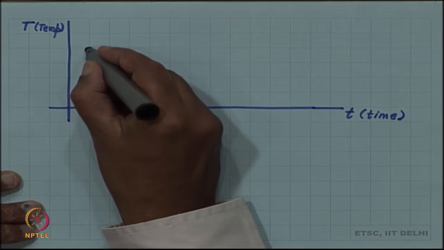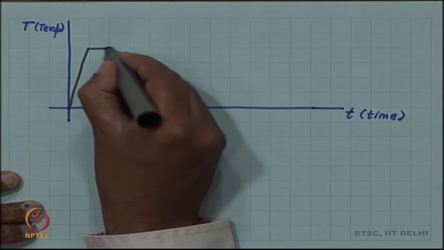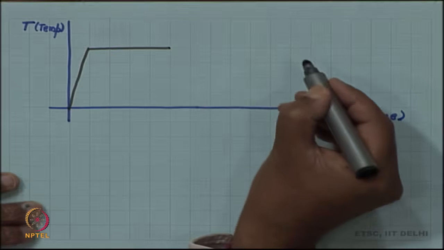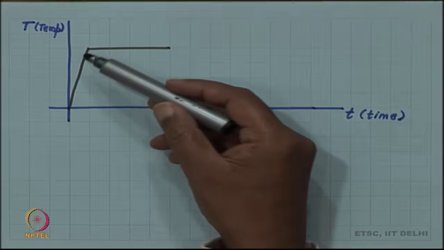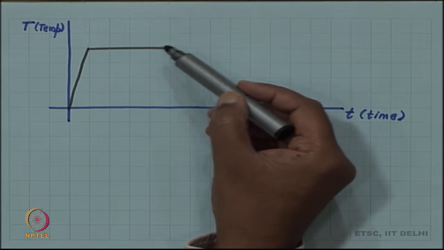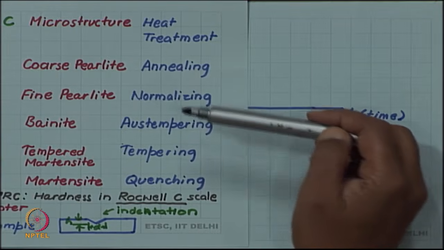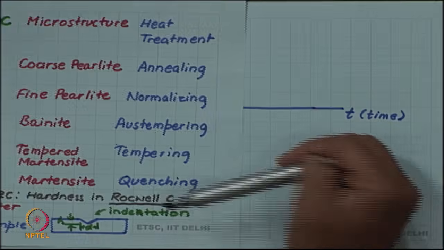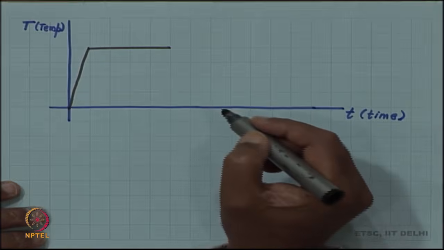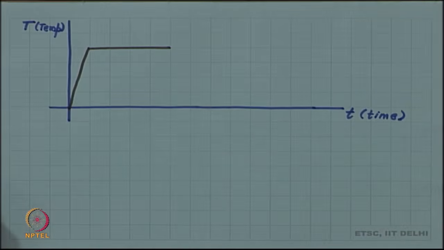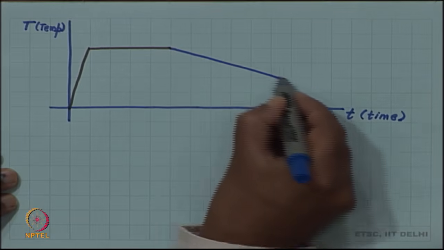So, let us initially take steel heated to some temperature and then cooled. So, for steel the heating and the holding is the same for all these different treatments which we named here, annealing, normalizing, tempering, tempering and quenching, but essentially how you cool, that is what controls these different heat treatments. So, if the cooling is very slow, so let me show a slow cooling.